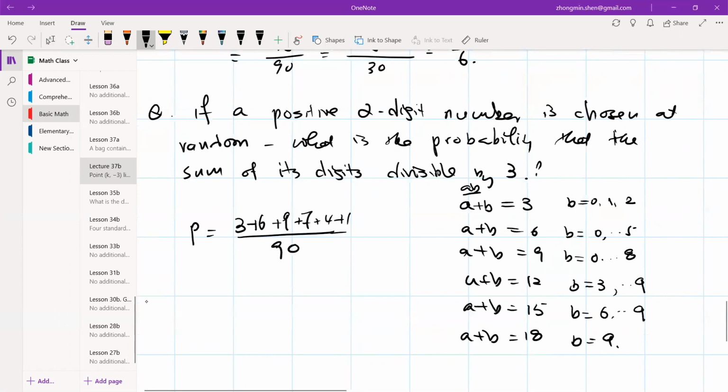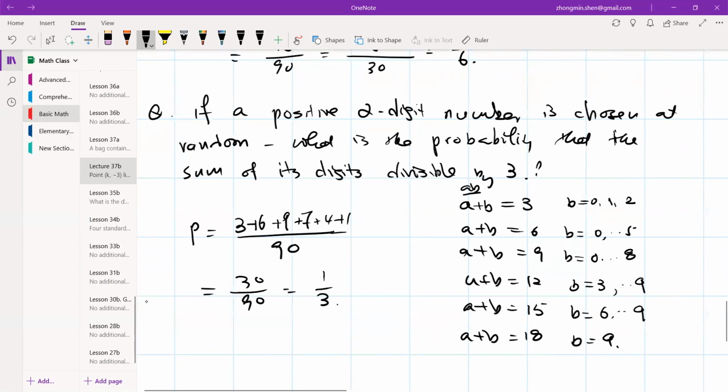So you have this many 2-digit numbers divided by 3. Okay, add them together. Okay, so the sum is going to be, let's figure it out. Okay, so 3 plus 6 plus 9 plus 7 plus, so it's going to be 30, which is going to be 1 over 3.